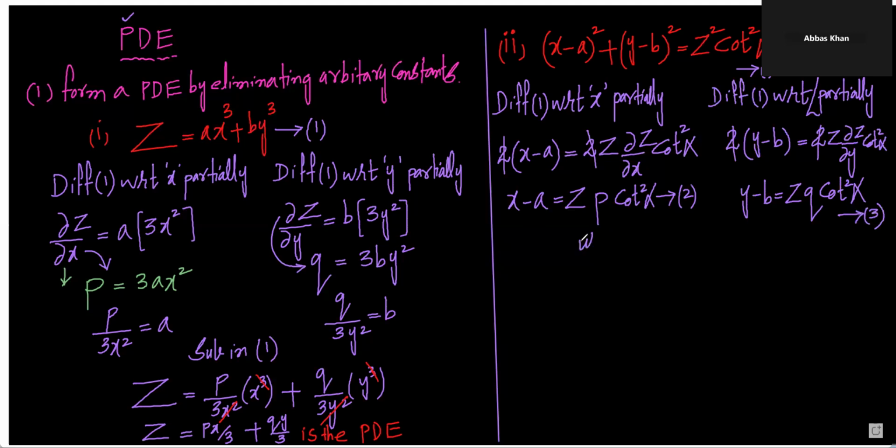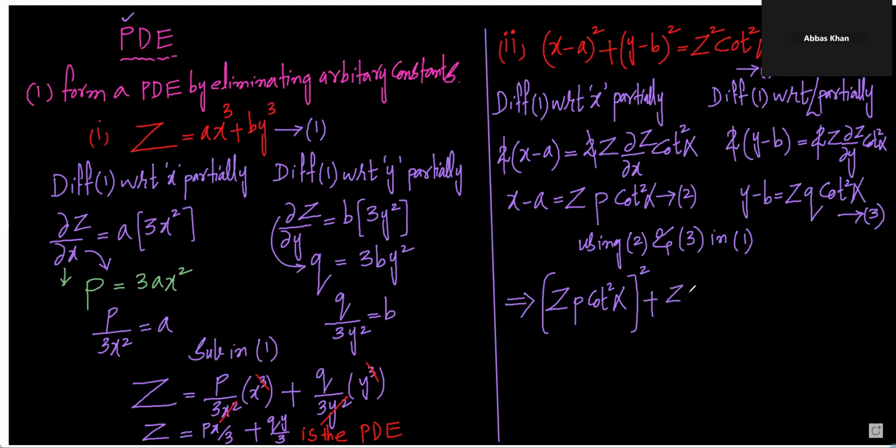So now using equations 2 and 3 in equation 1, what happened here? x minus a is z p into cot square alpha, and this value again we have to square. Plus y minus b is z q into cot square alpha, and this value also we have to square.